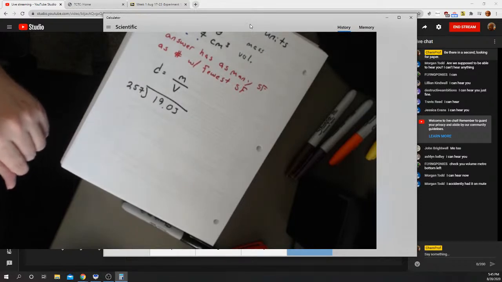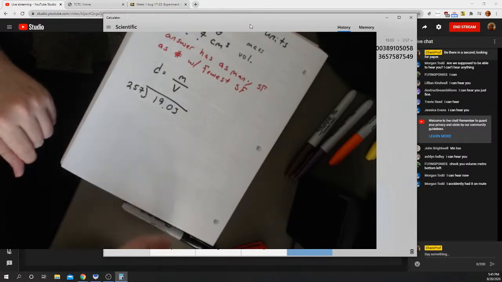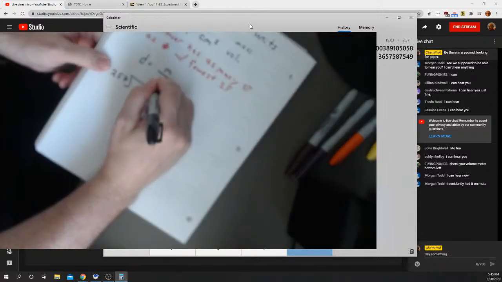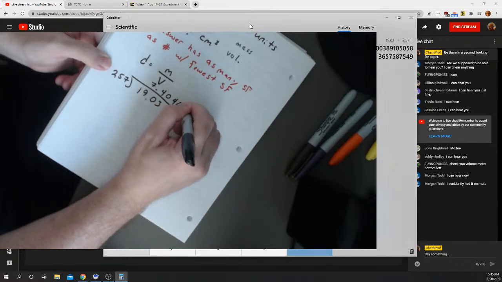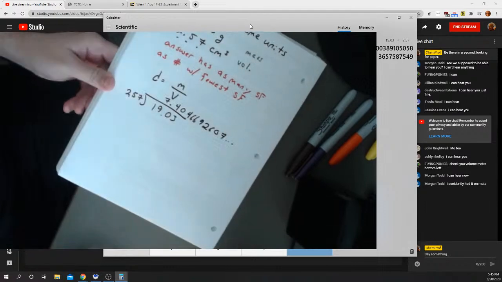So let's see, that's 19.03 divided by 2.57, giving us 7.40466926607. It just keeps on going.